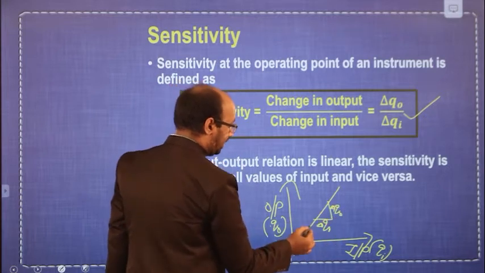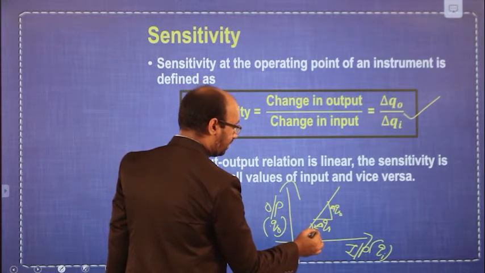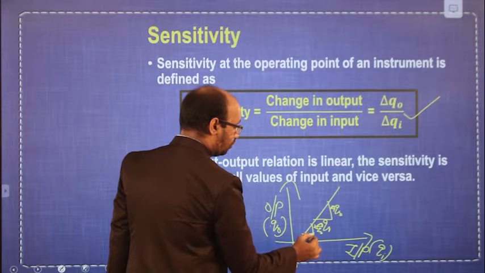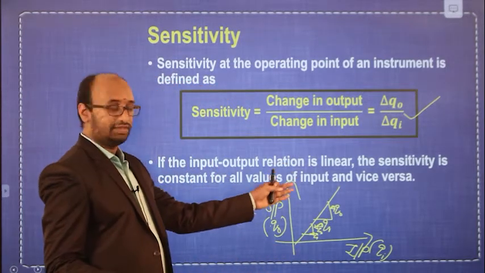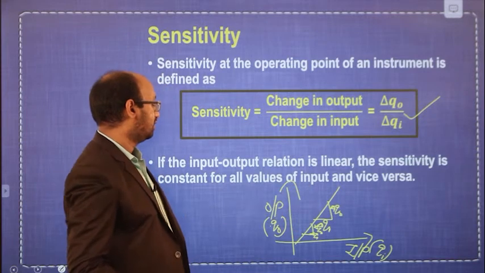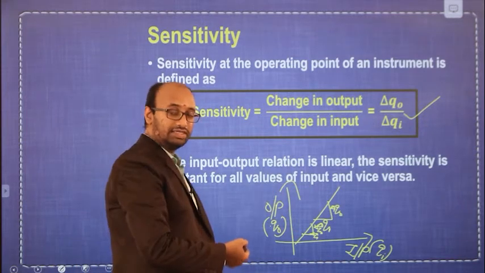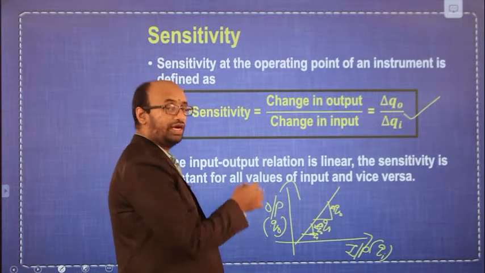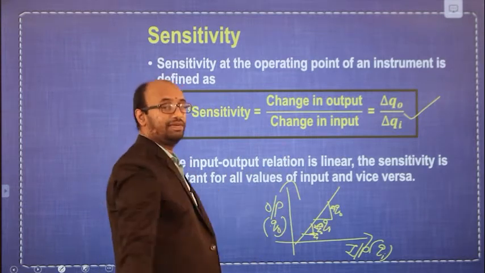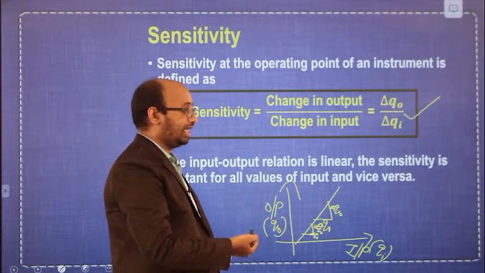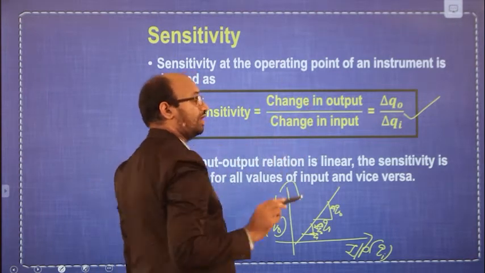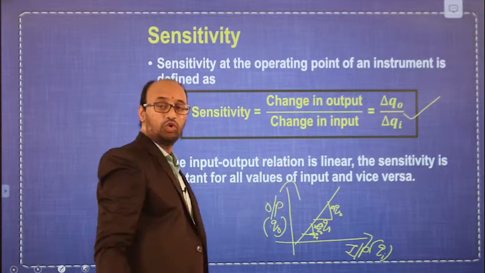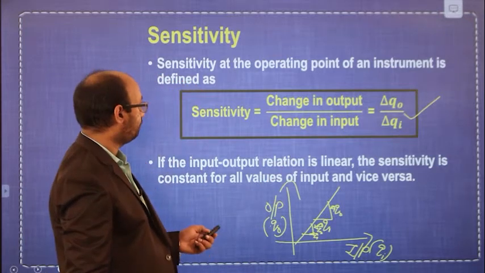We can take delta Q0 by delta Qi at any operating point, so at any operating point we can calculate the sensitivity from the slope of the characteristic. As the characteristic is linear, at every operating point the slope will be the same, so the sensitivity is constant. Either we can calculate it from this formula, or we can calculate it from the slope of the characteristic.